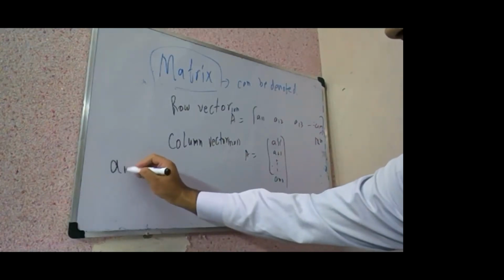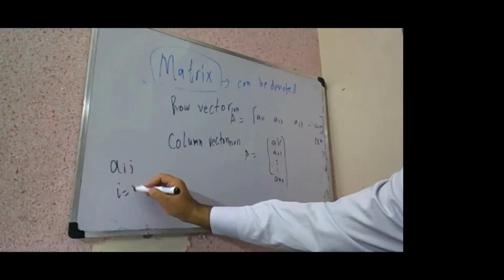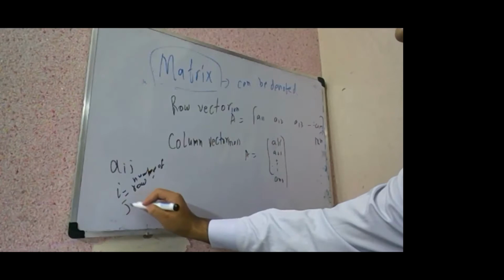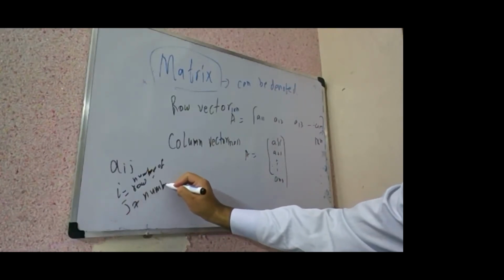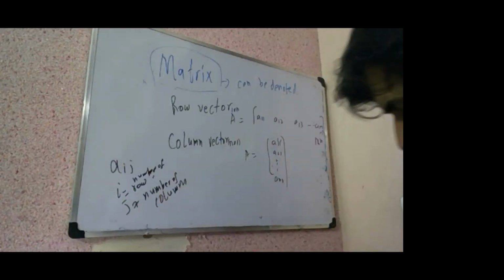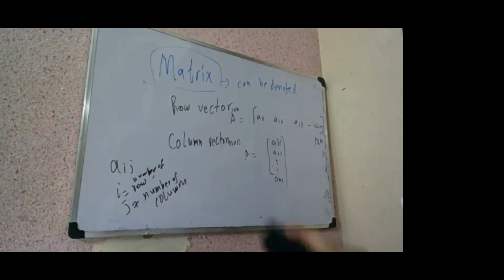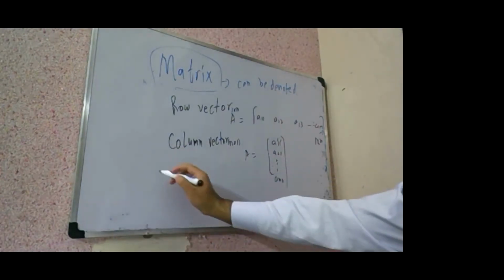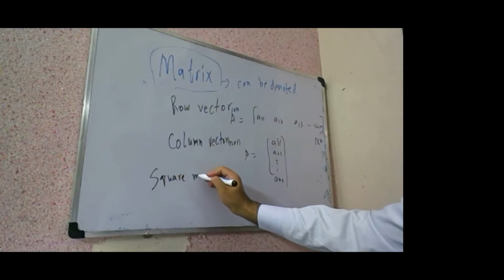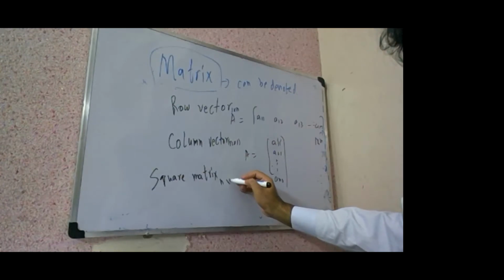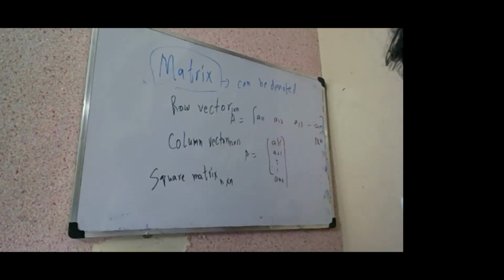In Aij, i shows the row number and j shows the column number. Now you know the row and you know the column. Then we have a square matrix. A square matrix means an equal number of rows and columns. For example, n by n in my previous matrix is a square matrix.